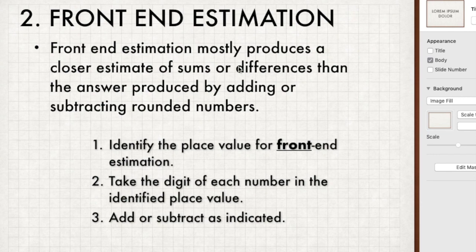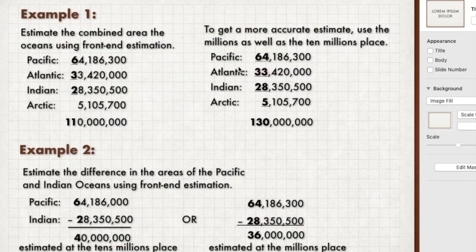Front-end estimation is very similar, but we are not rounding. We are actually estimating. We are trying to bring it to a close calculation just by looking at the front numbers. So for the first example, remember, we are not rounding for front-end estimation. We have the Pacific Ocean, 64,186,300.